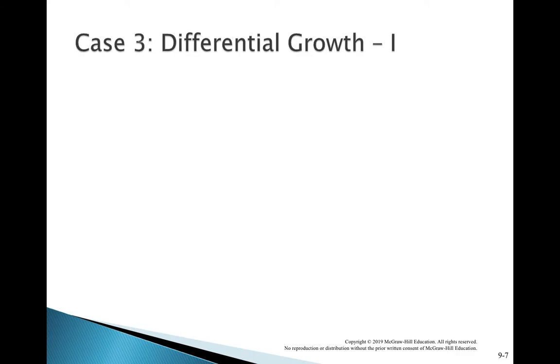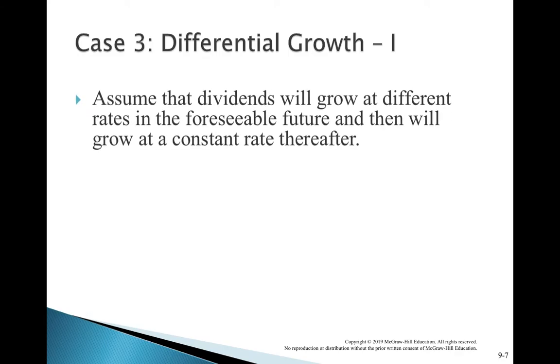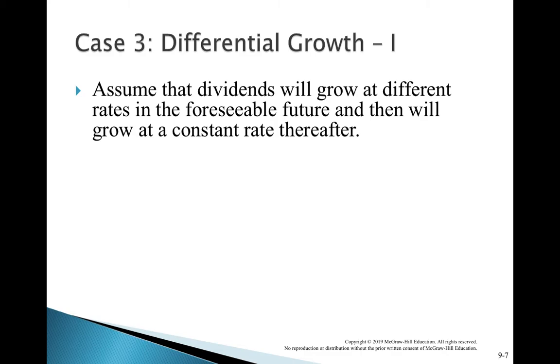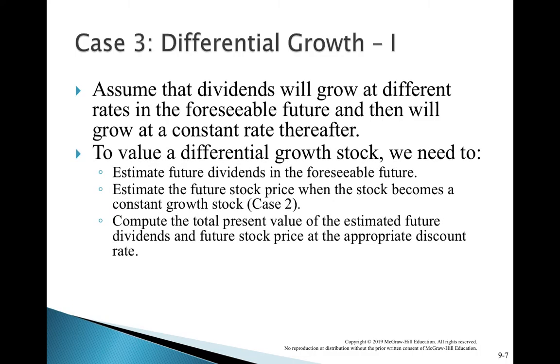So, differential growth part 1, that is, there will be only two growth rates. Assume that dividends will grow at different rates in the foreseeable future and then will grow at a constant rate thereafter. In that case, to value a differential growth stock, we need to estimate future dividends in the foreseeable future, and estimate the future stock price when the stock becomes a constant growth stock, then it becomes case 2.